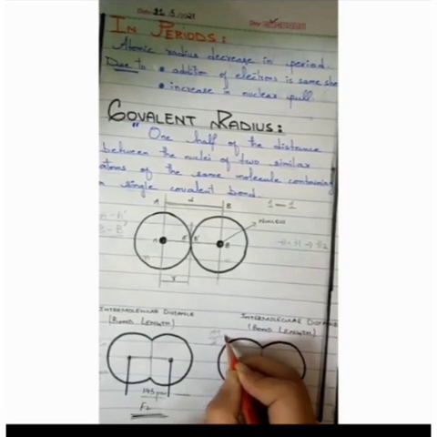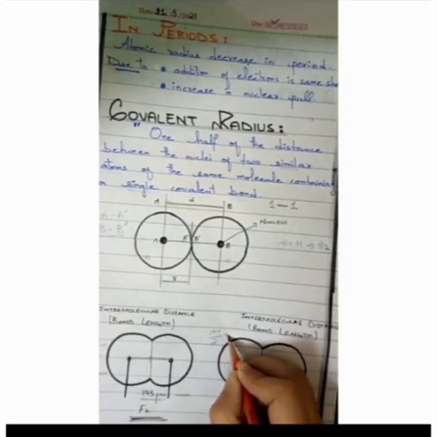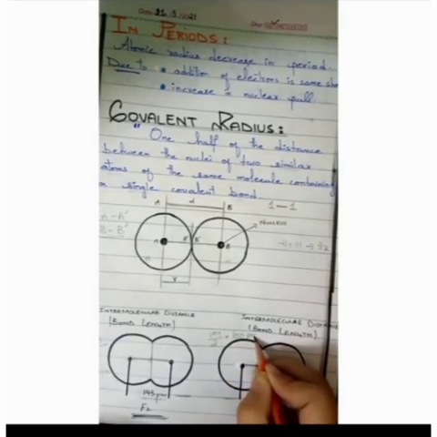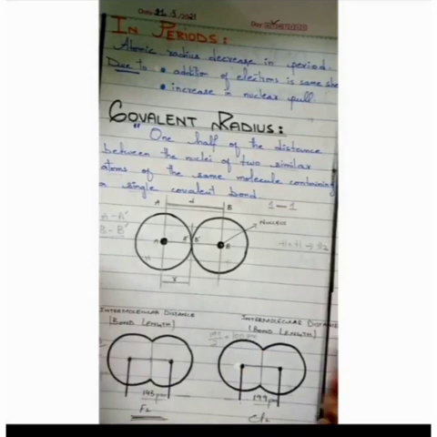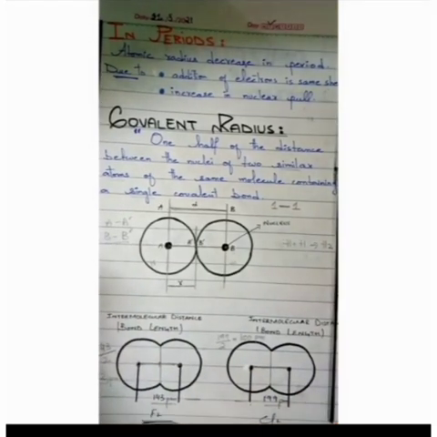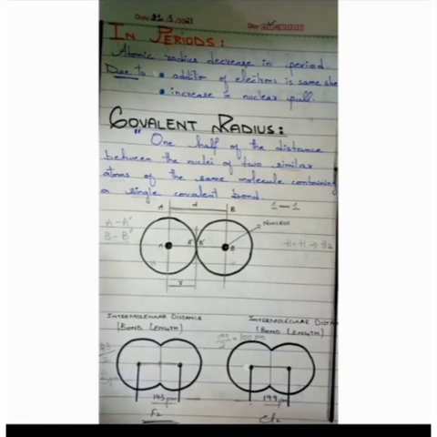When we divide this, we get the covalent radius of 100 picometer. Right, so this is the covalent radius. How can we find covalent radius? Covalent radius is the radius of covalent compounds, and it can be measured by X-rays.